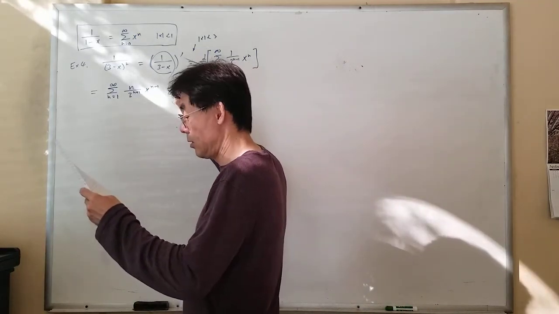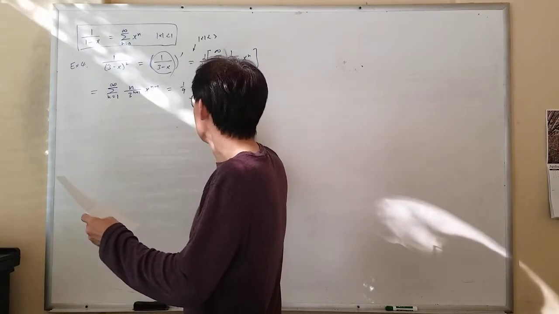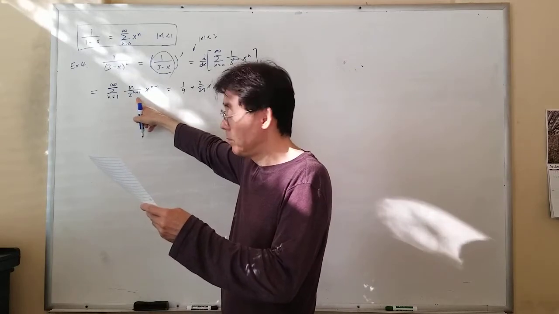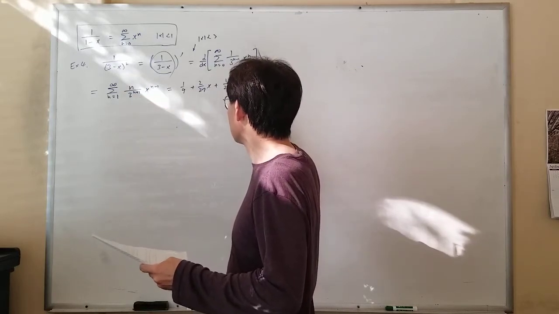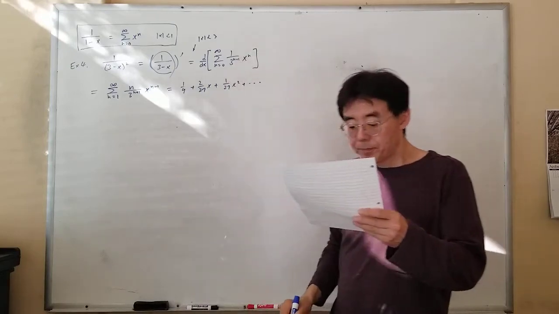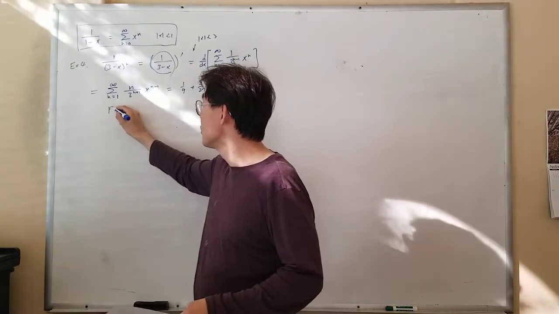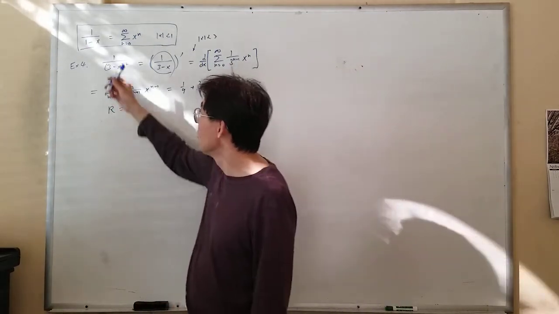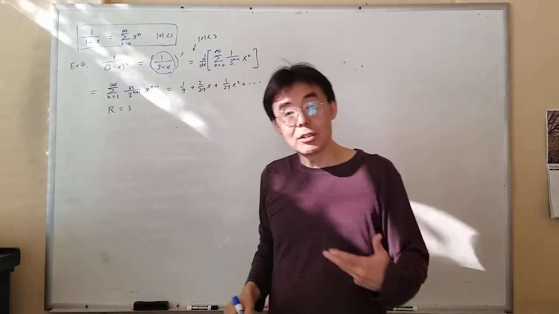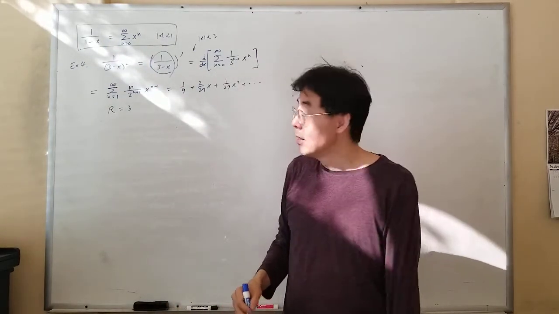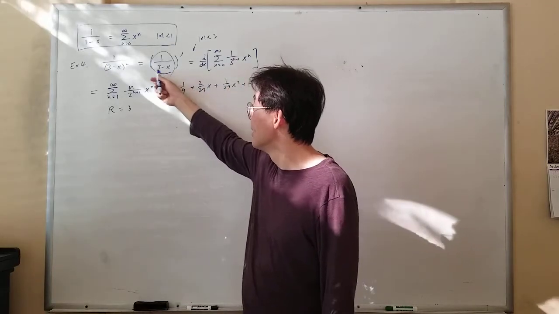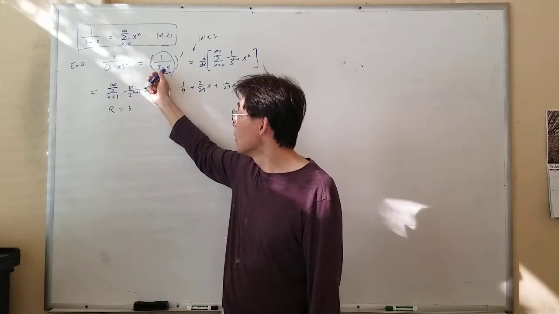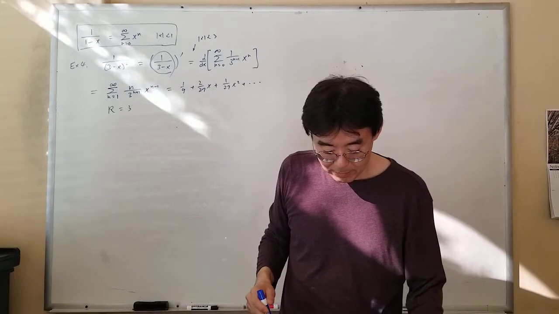That means this is going to be 1 over 9 plus 2 over 27 x plus 3 over 81, so 1 over 27 x squared, and keep going. And the radius of convergence is the same as before. So we don't have to use this directly. We use term by term differentiation of the power series representation of the antiderivative. This 1 over 3 minus x is an antiderivative of 1 over 3 minus x squared.